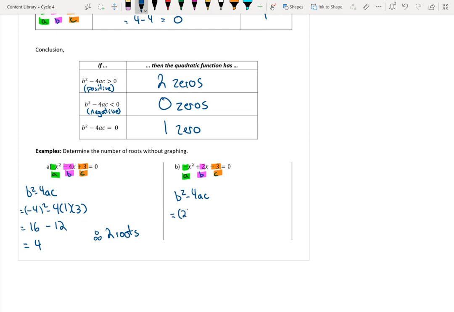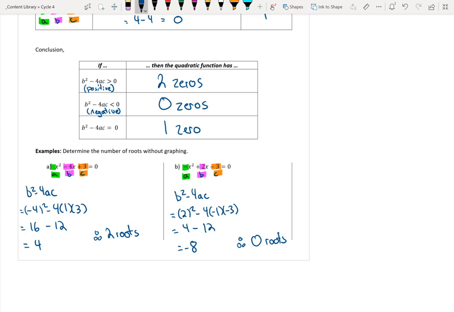So 2 squared minus 4 times -1 times -3. So we have 4 minus 12, so you get -8. Because it's a negative value, we have no, or 0, roots.